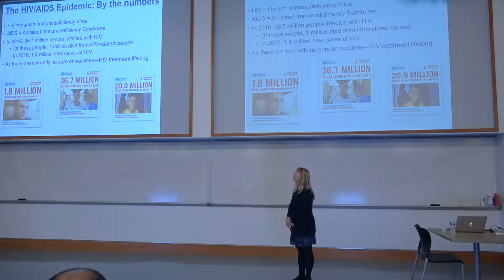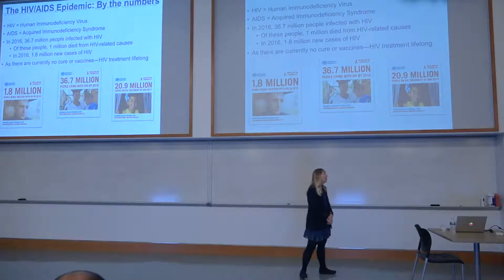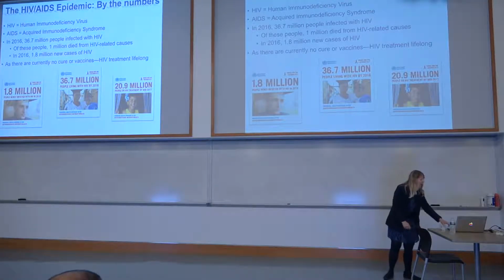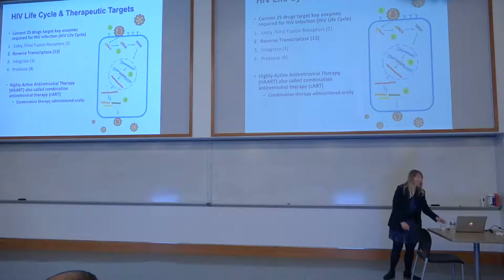The problem is that if an individual is infected with HIV, they have to take therapy lifelong. Every day for the rest of their lives, to keep their viral level suppressed, they need to be on HIV therapy. So we need to think about continually developing new therapeutics.